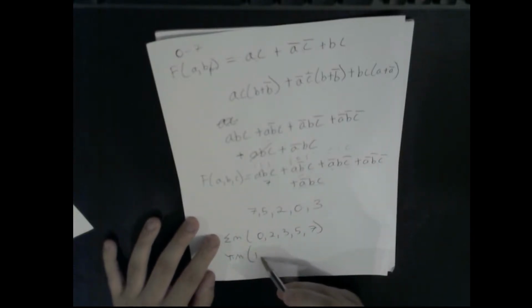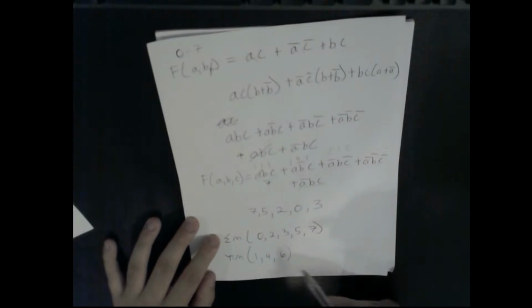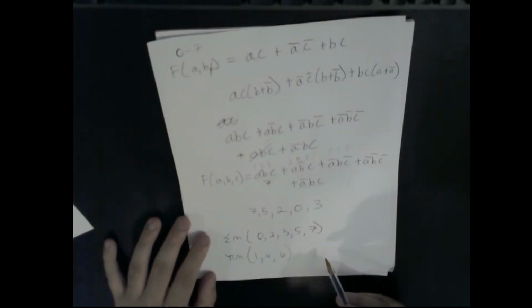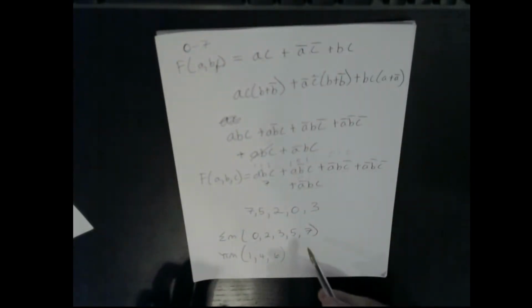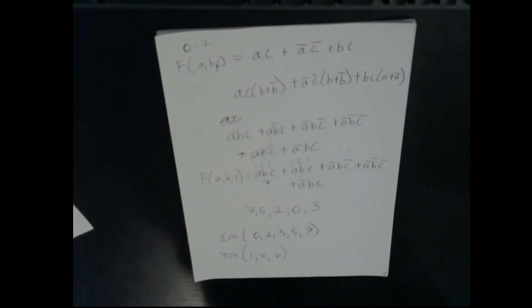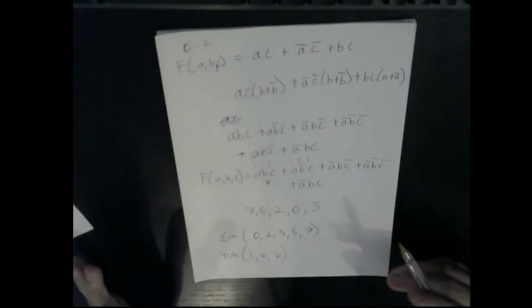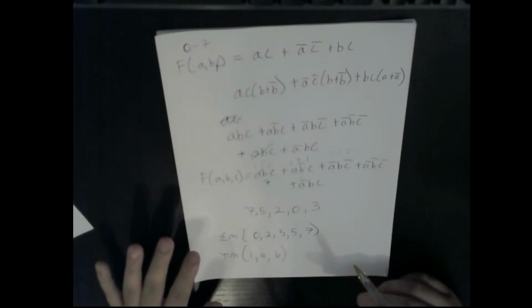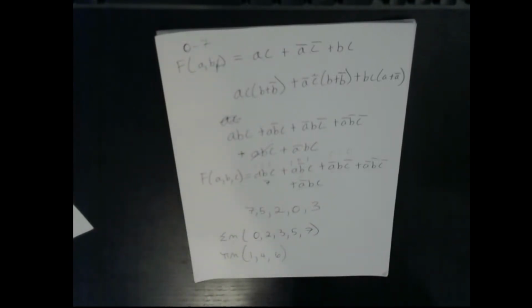So it's going to be 1, 4, 6. I didn't miss anything. And I get a total of 8. I'm going to take a little pause, make sure everyone's okay with this, and then I'll move on to another topic.